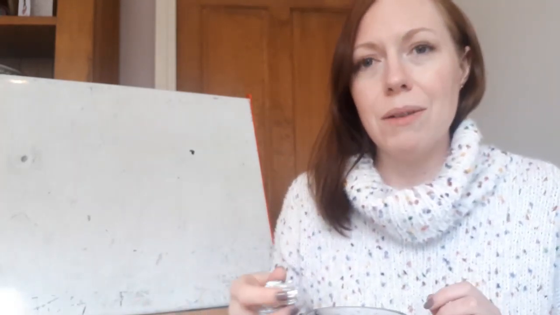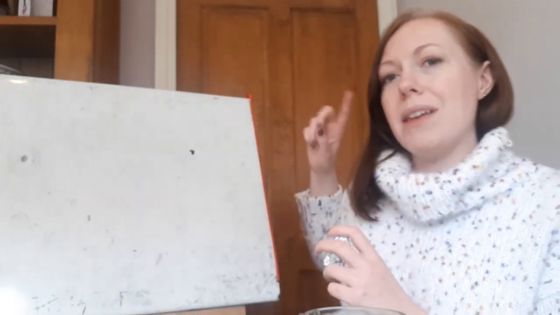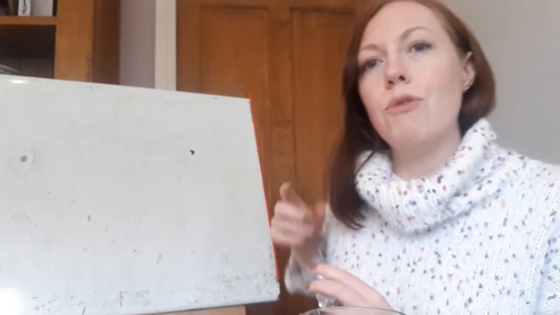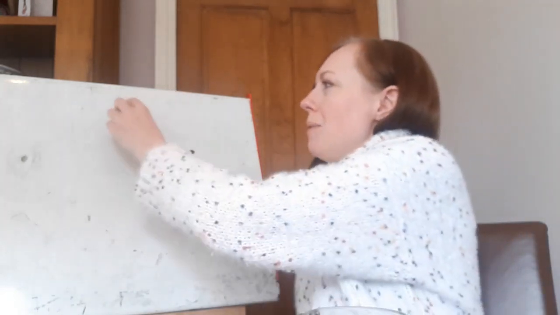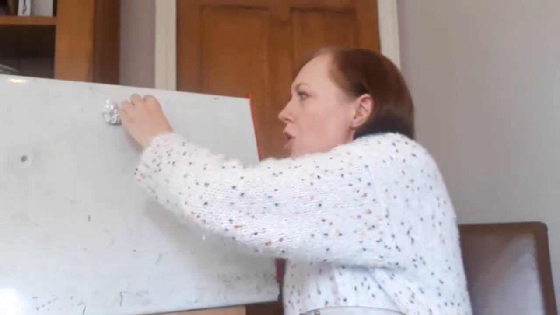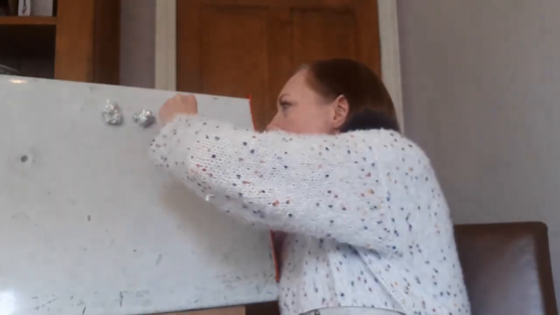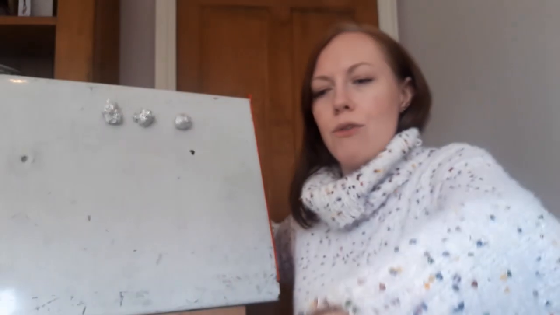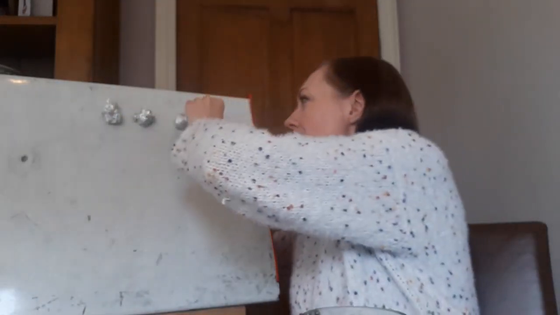Count with me, because remember our steps to success. We need to count carefully to start with, saying one number for one object. Here we go. 1, 2, 3, 4, 5.